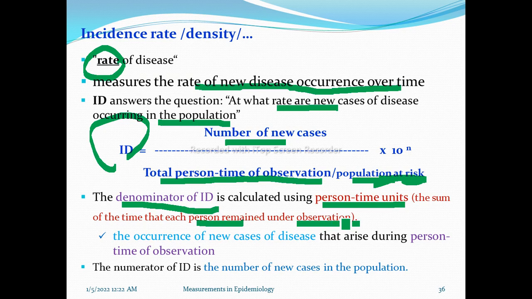Some individuals remain in follow-up, while some are lost to follow-up. So all the time contributed by each individual will be summed up. This total summed-up time is known as the total person-time of observation. That means the time each individual remained under observation or follow-up is summed up.